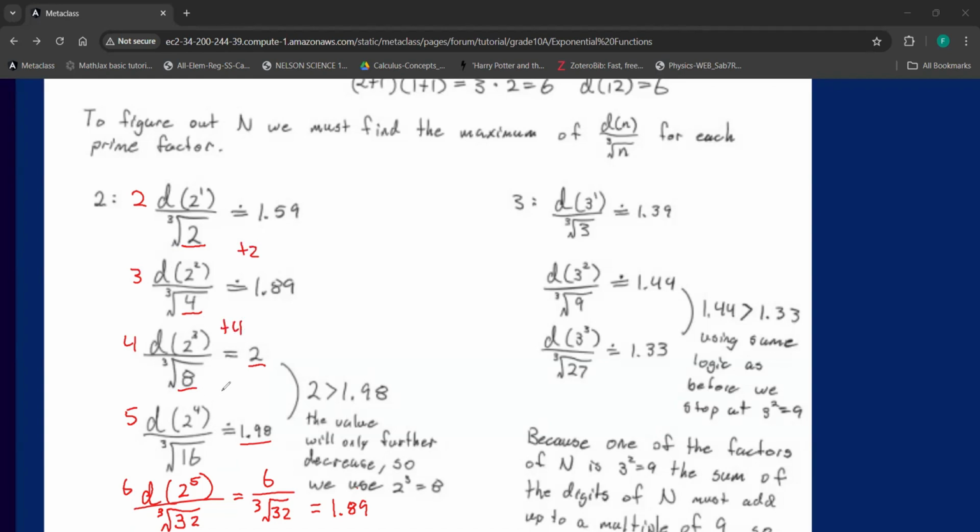From 8 to 16, that's plus 8. So as you can see, the increase is double that from the previous one. From plus 2 to plus 4, that's times 2. From plus 4 to plus 8, that's times 2, right? So the number inside the cube root increases much faster than d of n.